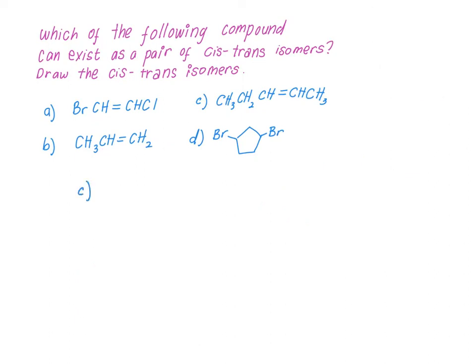Okay, structure C, still we focus or we highlight on the C double bond C. So this carbon, C double bond C, the first carbon is bonded to H and is bonded to this group of carbon, which is called an ethyl group.